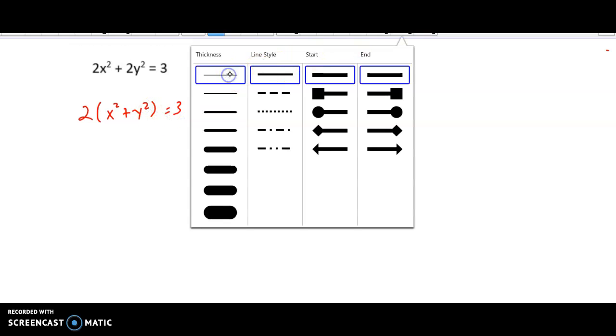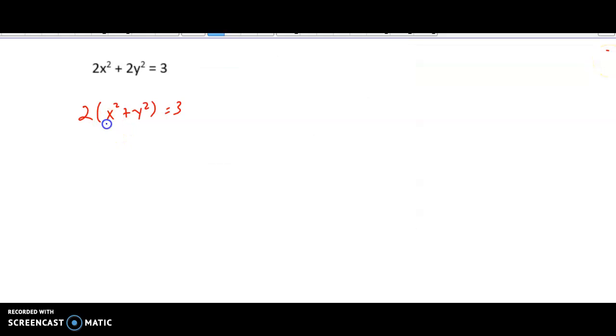We know that right here, x squared plus y squared is going to be r squared. And 2 is already there, so that's 2r squared equals 3. We have no x, no y's. Now there's no theta, but that's okay, as long as there's no x and y's here. And so this is it.